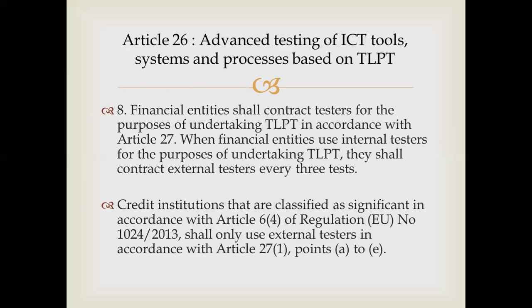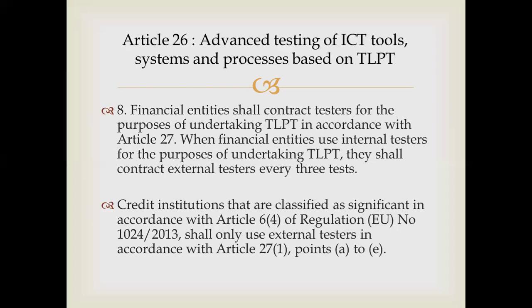You must bring in external testers for your third test in case you are using strictly internal testers. This is very important, especially for those that are writing exams. This is a very good area that examiners can play with. So you can use internal testers, that is okay, but the third test, you must use external testers.